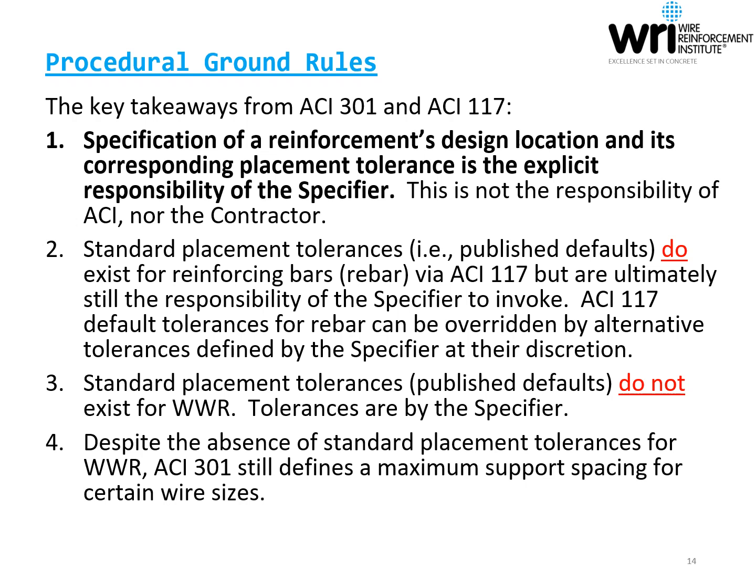Second, standard placement tolerances, in other words, ACI's published default values, do exist for rebar via ACI 117, but are ultimately still the responsibility of the specifier to invoke. ACI 117 default tolerances for rebar can be overridden by alternative tolerances defined by the specifier at their discretion.